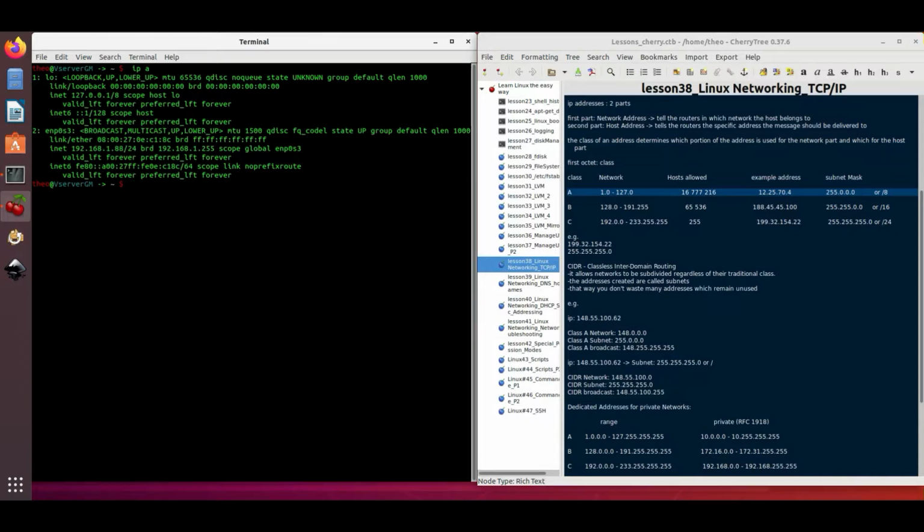The class B is the network from 128.0 until 191.255, and the hosts that are allowed here are 65,536. There is a mathematical formula to do that, but you don't need to mind the formula at this moment.